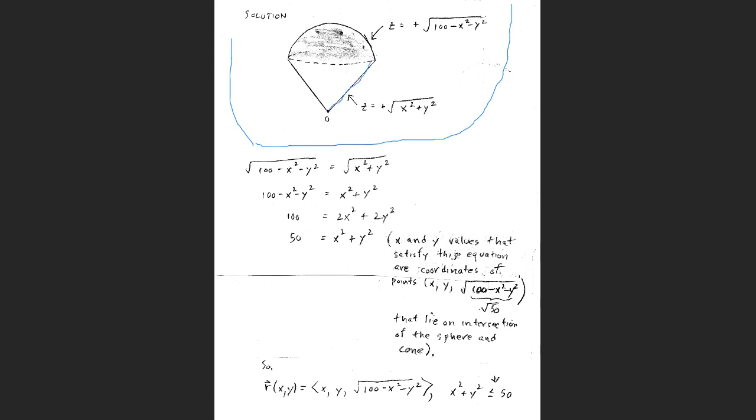Here's the cone. Positive top half of the cone, but it gets stopped on top by the sphere. The cone bumps into the sphere. Okay, and the intersection, of course, of the cone and the sphere would look like what?